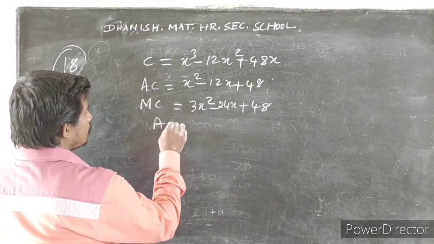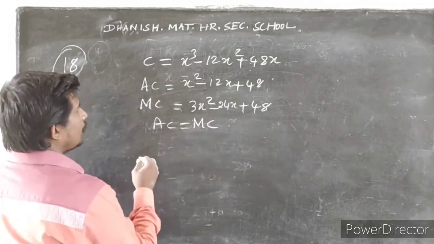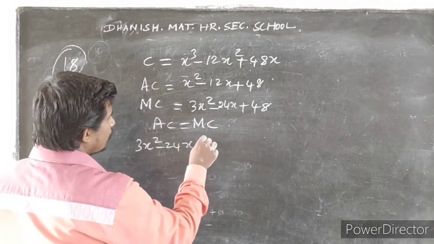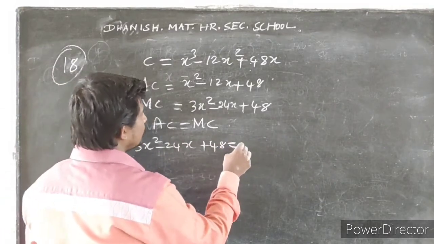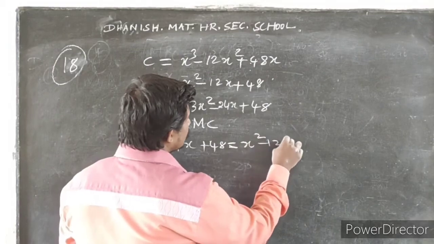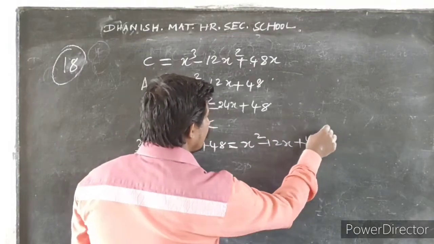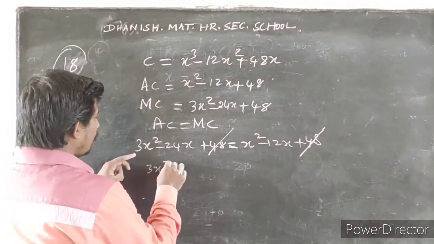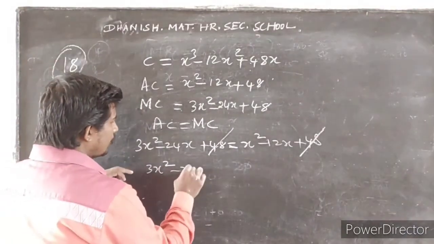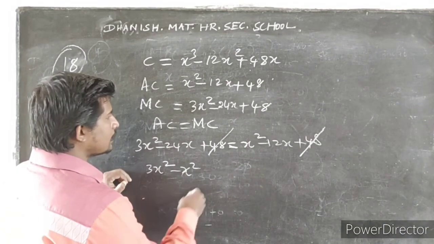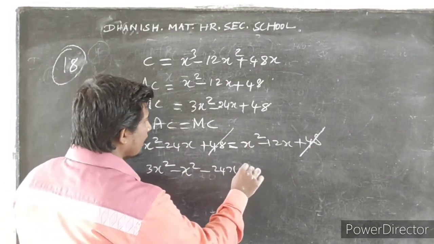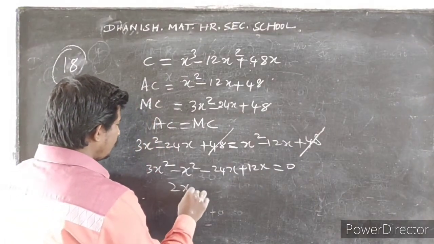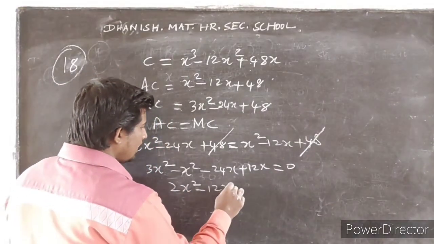Now AC equal to MC. 3x square minus 24x plus 48 equal to x square minus 12x plus 48. 48 will be cancelled. Now I'm going to bring this x square to the left side. So we'll have 2x square minus 12x equal to 0.